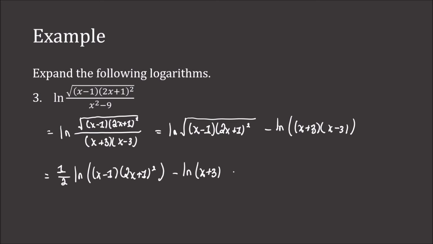And I'm also going to distribute that negative through at the same time. Now we can apply power law here. So 1/2 log of x minus 1 plus 1/2 log of 2x plus 1 squared. And then we still have these.